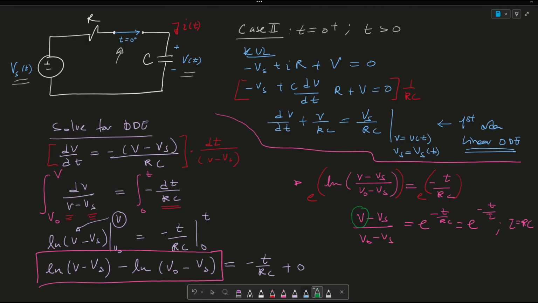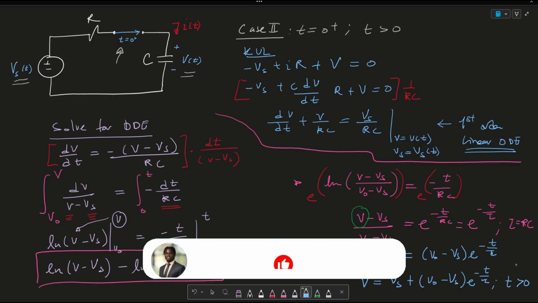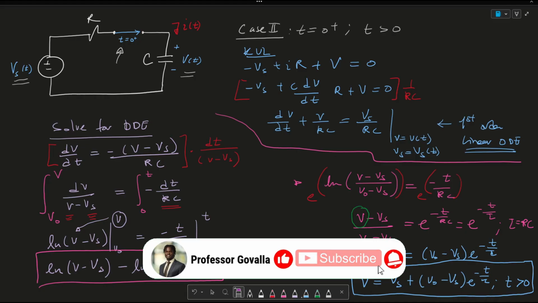So V minus Vs is equal to V0 minus Vs times e to the minus t over tau. So then we can say that V is equal to Vs plus V0 minus Vs times e to the minus t over tau for t greater than 0. And this is my solution for case number 2.